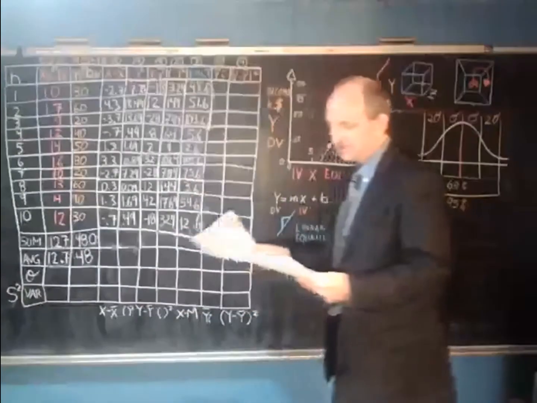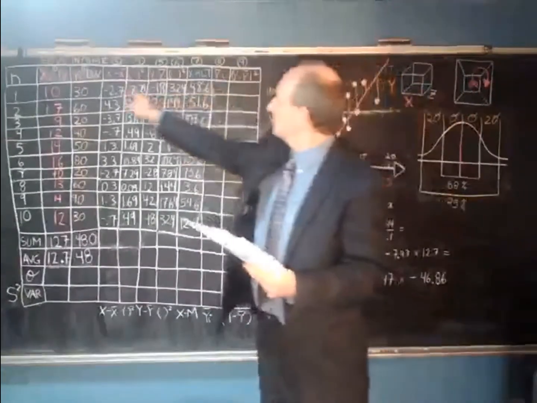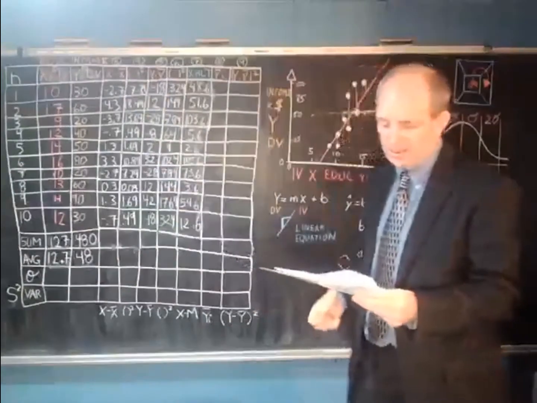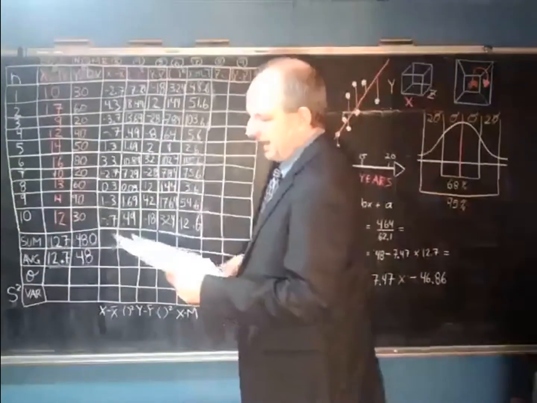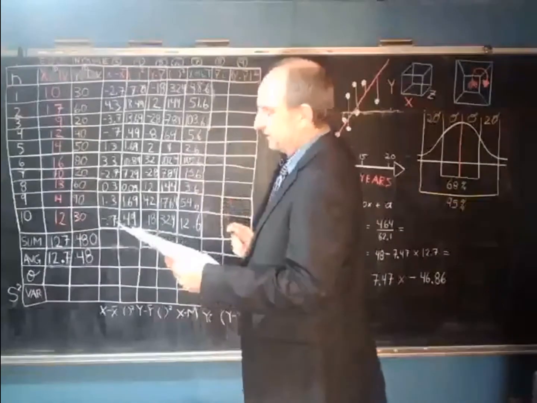So this is the calculation of the cross multiplication of columns 3 and 5. And so that was serial 10. That was accomplished quite easily.